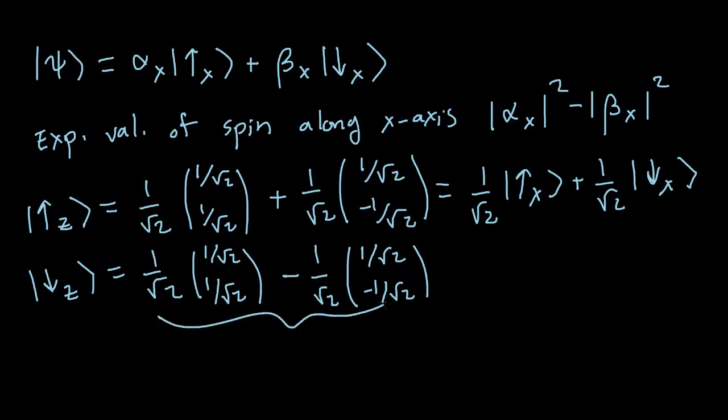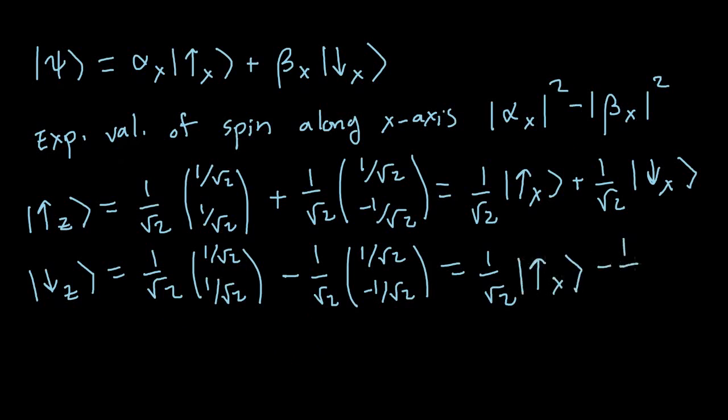Because this whole thing is just a vector with components 0 and 1. And this is just equal to 1 over root 2 times the spin up state in the x direction minus 1 over root 2 times the spin down state in the x direction.